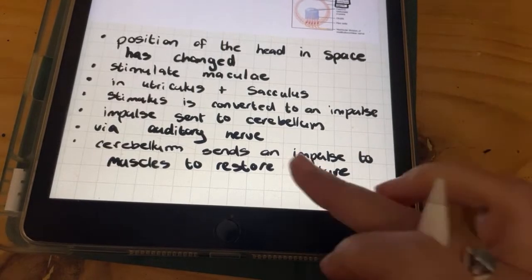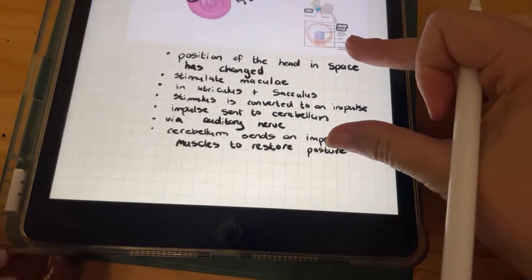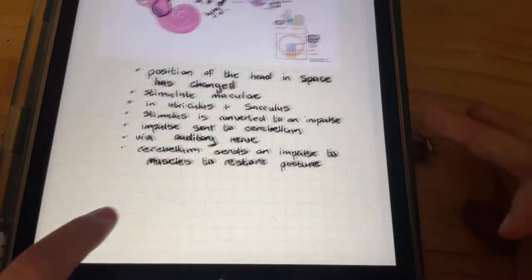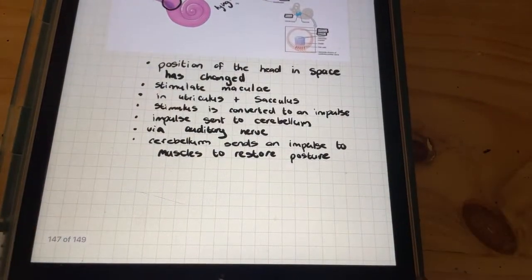So this is what would happen if you were lying down and now you want to stand up. That's how you are fixing posture and you're standing up again. So that is how you would explain it in an exam if it was a longer paragraph question.